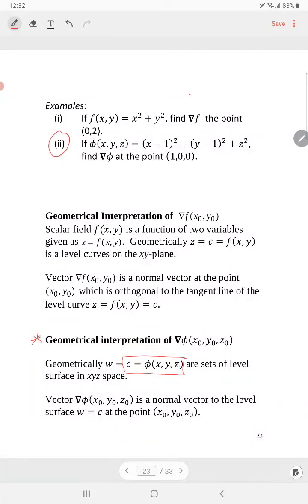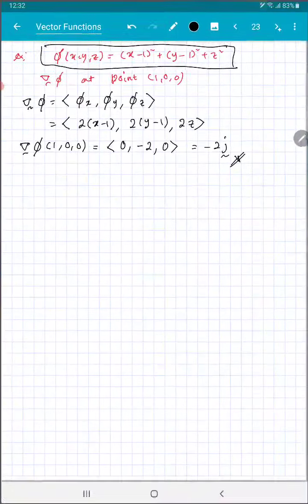When you plot this function, what we get is a level surface in x, y, z space. The gradient of phi, or del phi, represents the normal vector to the level surface phi equals c.